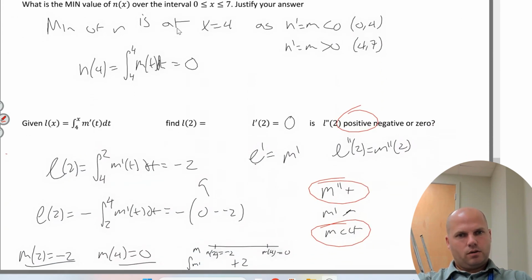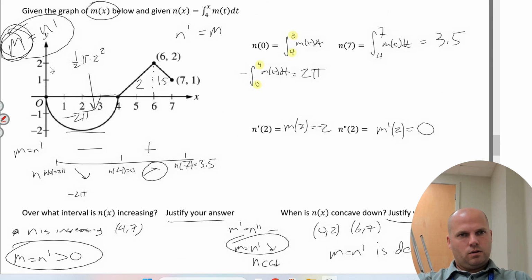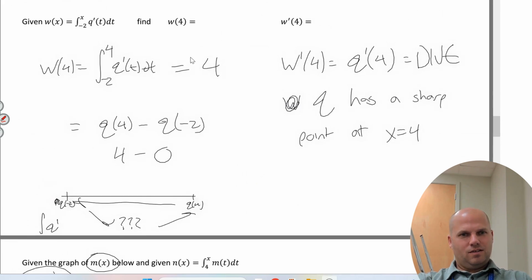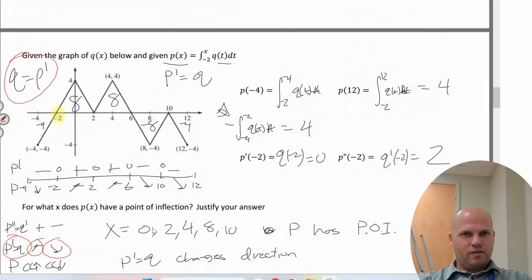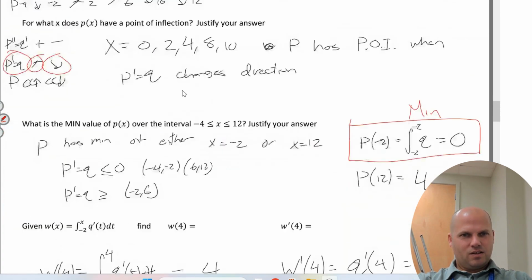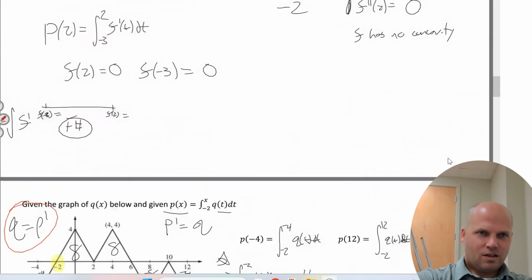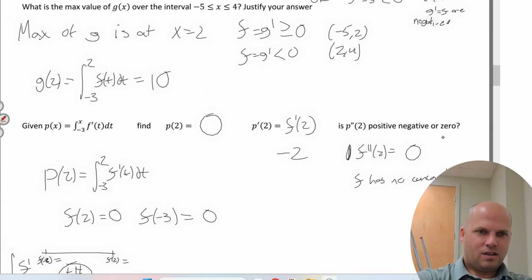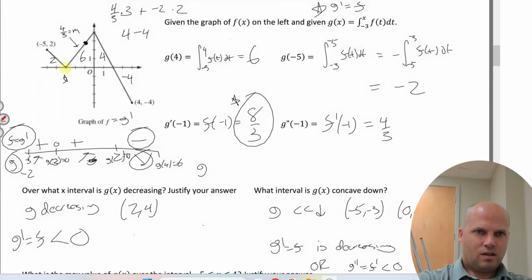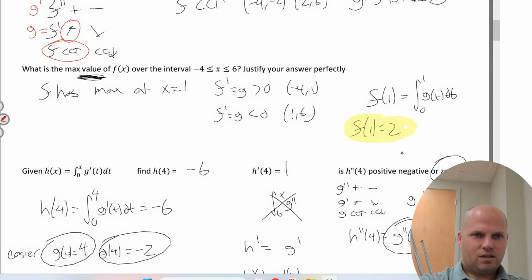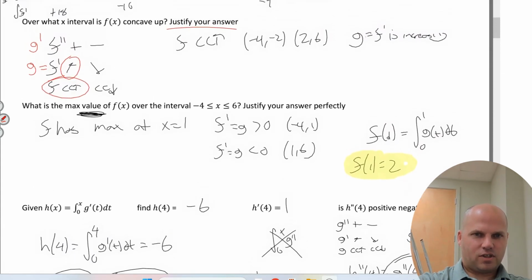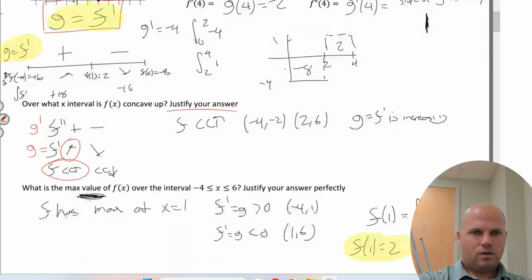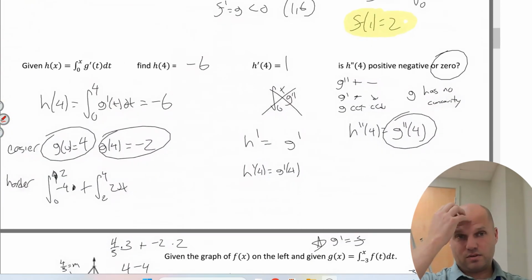I'm just tripping here. So what tripped me off here? Is the value same as the point? 4. Yes. Negative 6. No. Did I make a mistake here? I need to go back and look at this one.